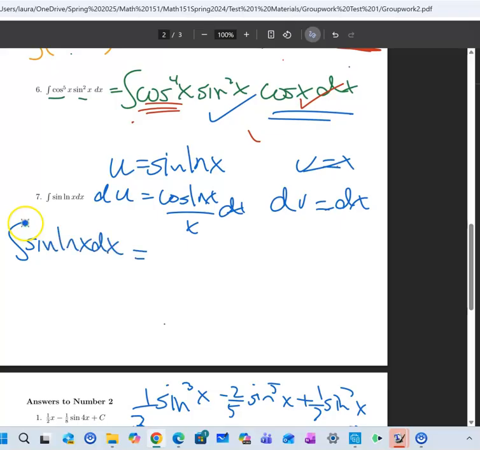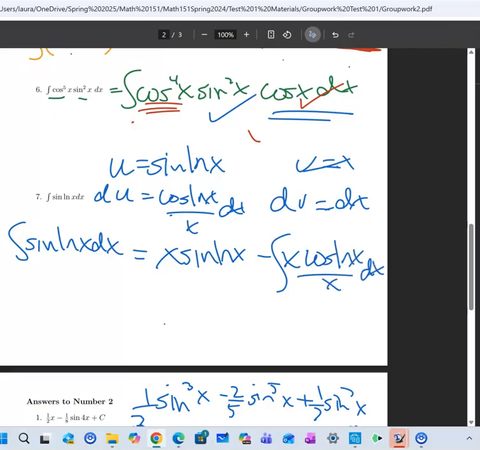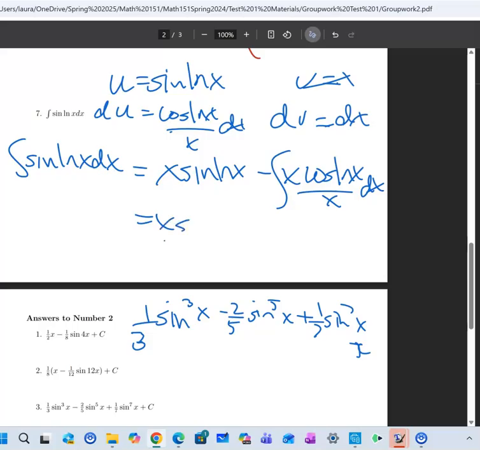Equals uv. So u v minus the integral of v and then du. Let's see what happens in here. X sine ln of x, that just carries along. These x's cancel, so I get integral of cosine of ln of x.